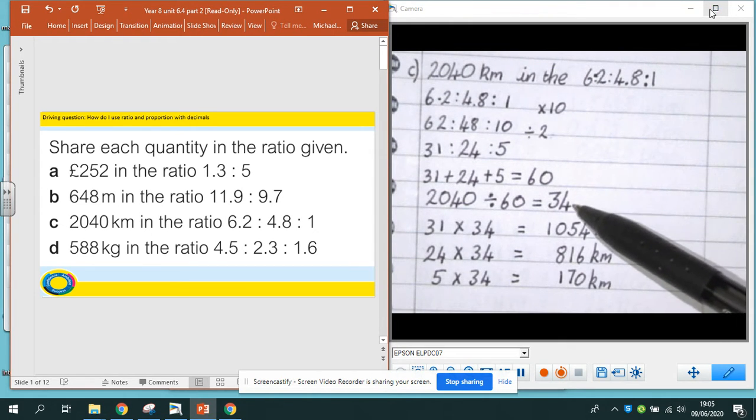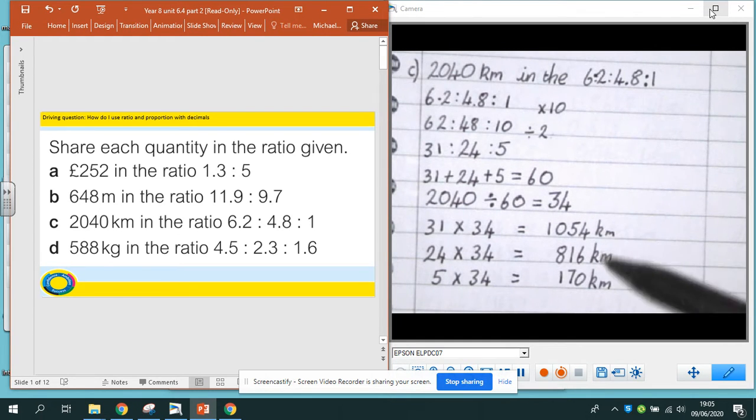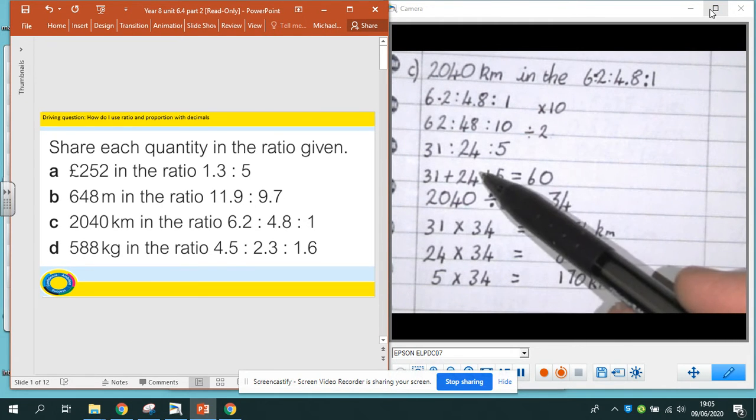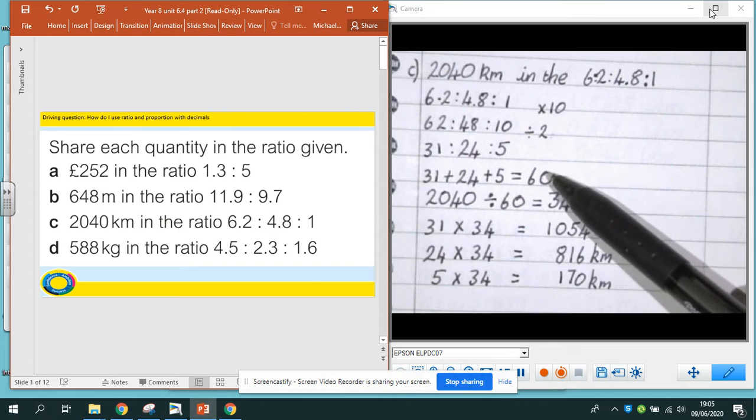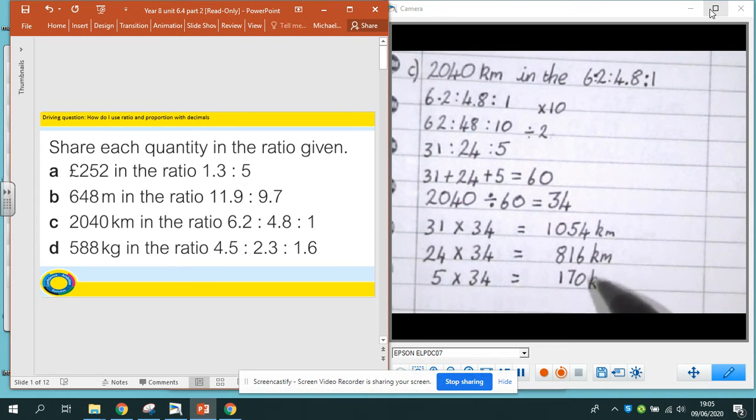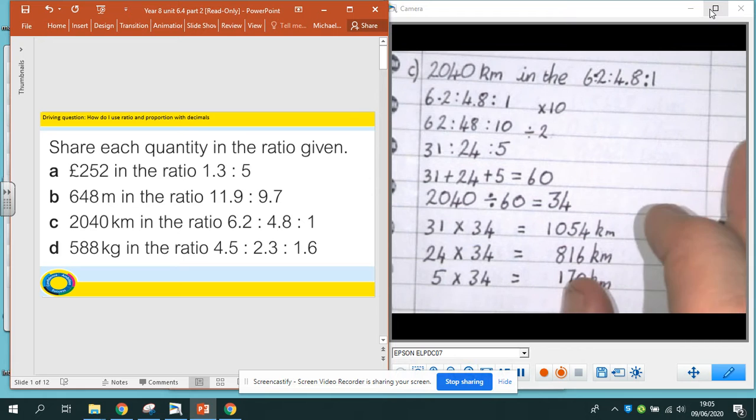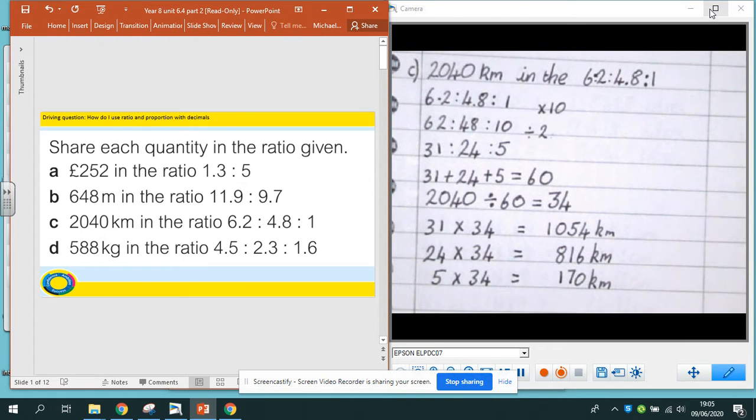The 34 would have been 17, and these numbers would have come out exactly the same. The simplification just makes the numbers smaller and perhaps a little easier to work with, but it doesn't affect the overall answer. You should still have these three numbers here, regardless of how you did it. Those answers should come out the same, which is an interesting lesson of itself.